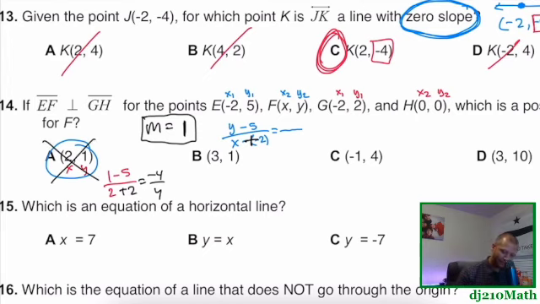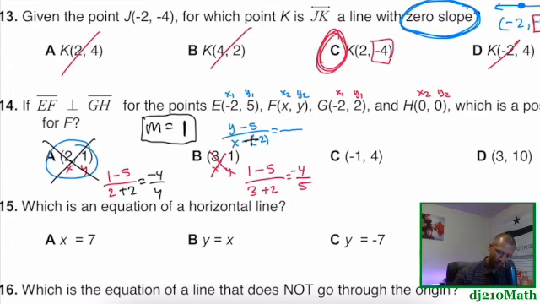Let's plug in B. So this is going to be X and Y. Since Y is 1, minus 5 over X, which is 3 plus 2. This is going to be 1 minus 5, which is negative 4, over 5. And not what we wanted.